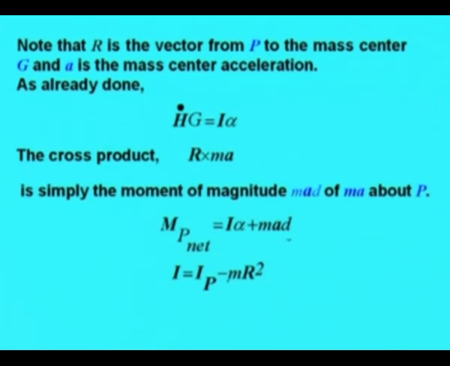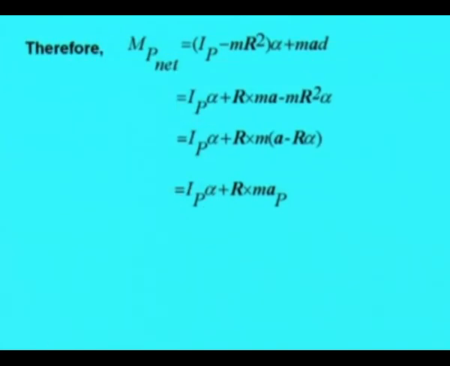We can write by the parallel axis theorem I is equal to Ip minus mr squared, because I is the second moment of inertia about the center of mass. So therefore it becomes Mp net is equal to Ip minus mr squared into alpha plus ma times d, and this becomes equal to Ip times alpha plus r cross ma.